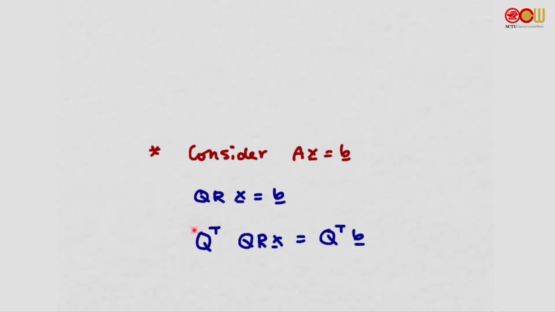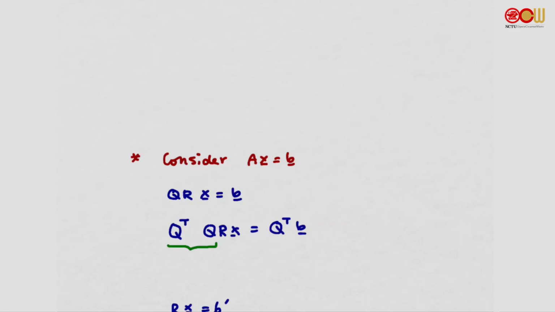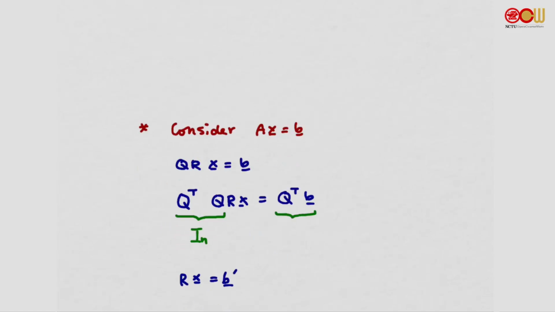You will be asked to show that this Q transpose Q is actually equal to an identity matrix. Let's call the vector on the right hand side b prime. Then we can simplify the equation as Rx equal to b prime.